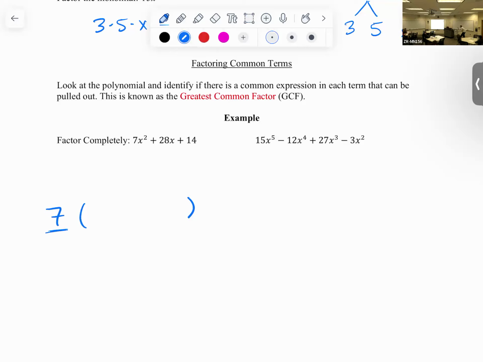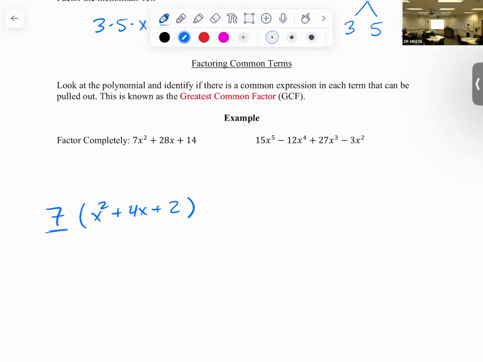When I pull it, do it one piece at a time. When I pull 7 out of 7x squared, what's left? x squared. Don't forget your operators in between, plus, all right? When I pull 7 out of 28x, what's left? 4x. And lastly, when I pull 7 out of 14, what's left? 2.